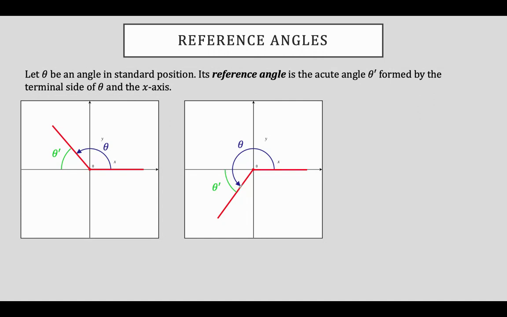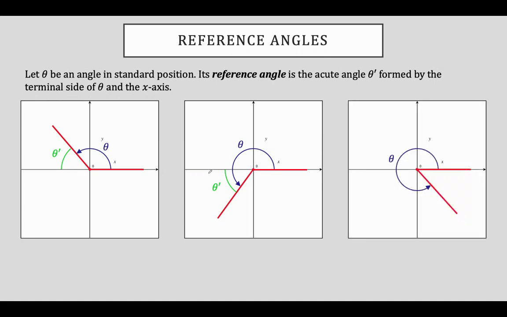Again, an acute angle between 0 and pi over 2 radians formed between the terminal side of my angle theta and the x-axis. Or if I have an angle in the fourth quadrant, the reference angle would be this angle here, the acute angle formed between the terminal side and the x-axis.